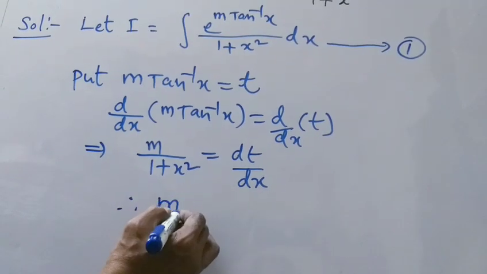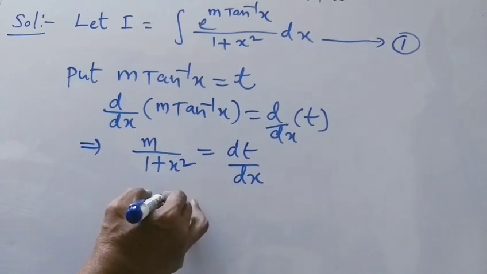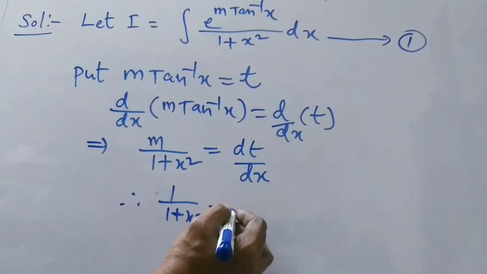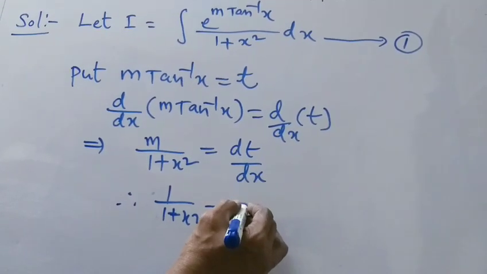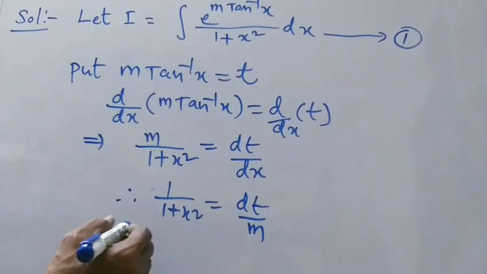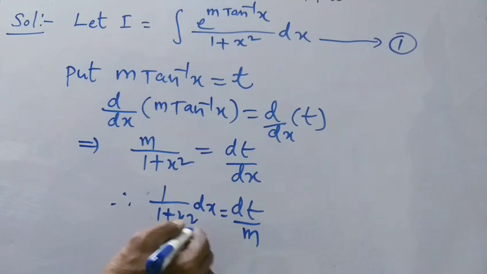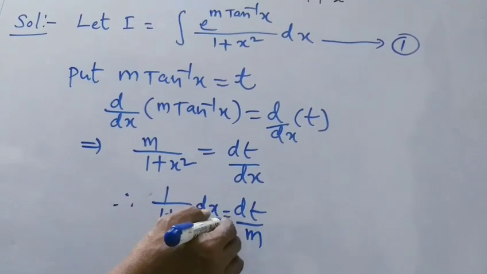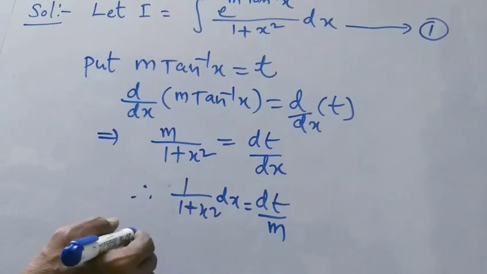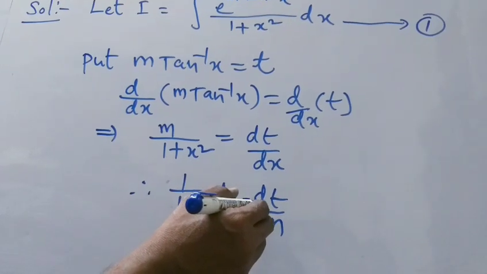Therefore, 1 by 1 plus x square dx is equal to dt by m.